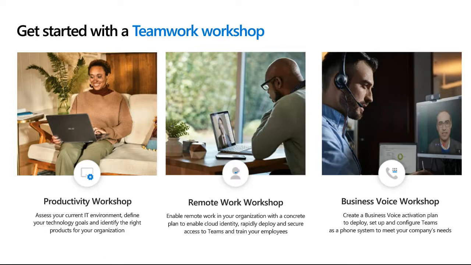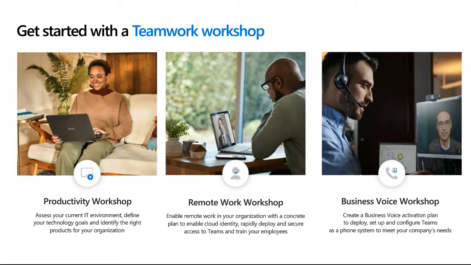We have a workshop for productivity, one for remote working, and one for business voice. These can be found at aka.ms followed by a slash and the workshop that you require: productivity workshop, remote work workshop, or business voice workshop.